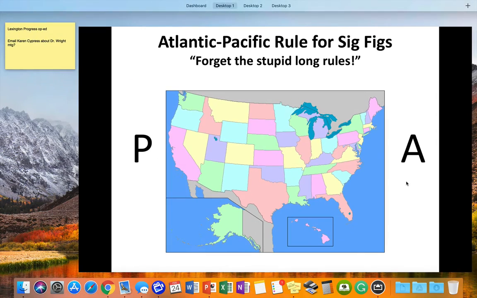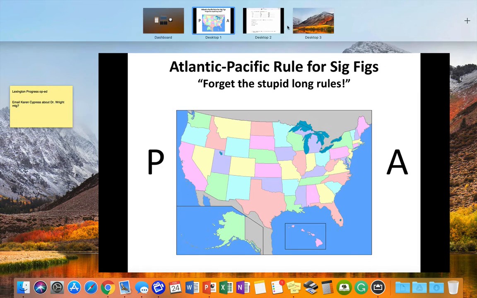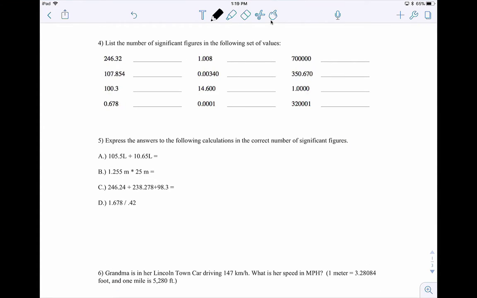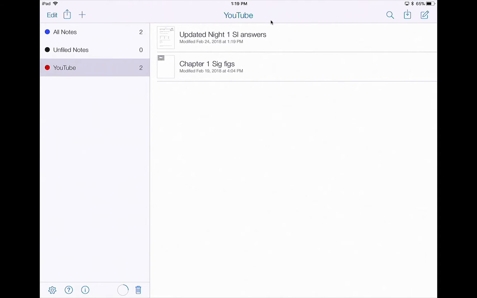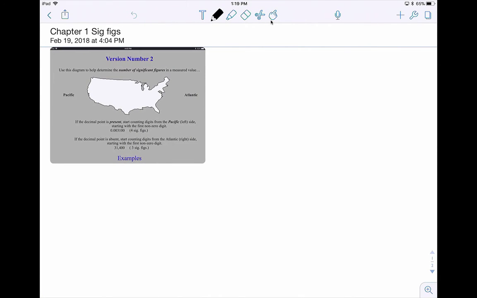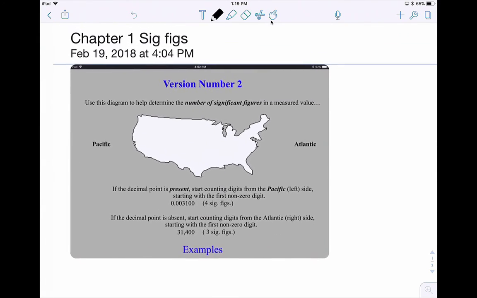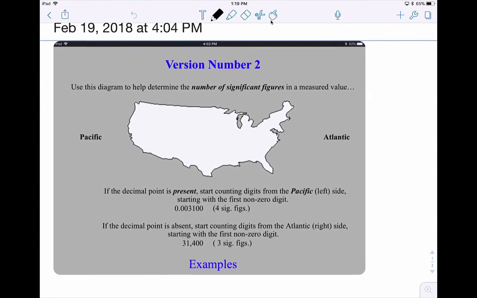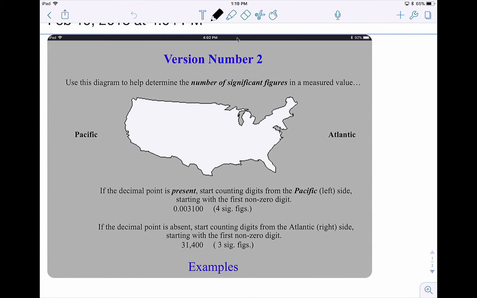Let me move back to the iPad screen, and I'll change it here so you can see my little graphic. By the way, this is from kentchemistry.com. I want to be sure that I credit everything correctly. If the decimal is present, so in this case the decimal is already there, you start counting digits from the Pacific or the left side, starting with the first non-zero digit.